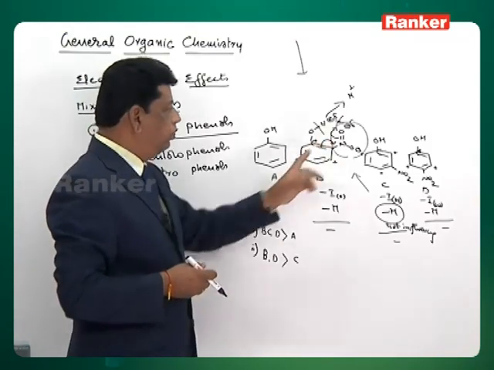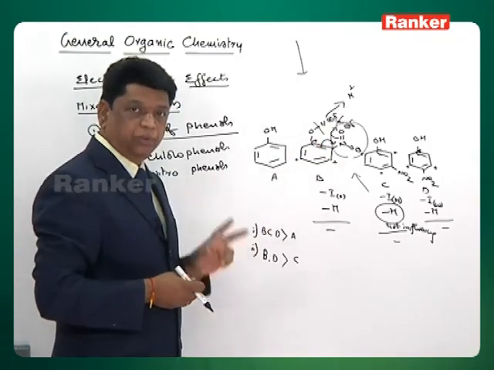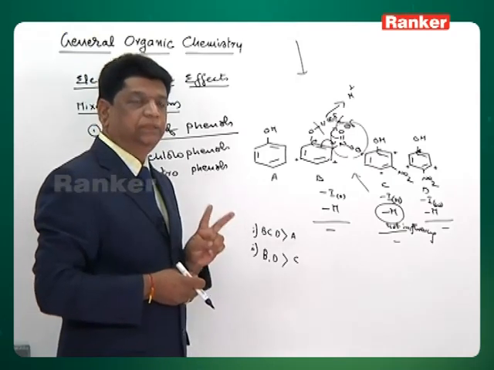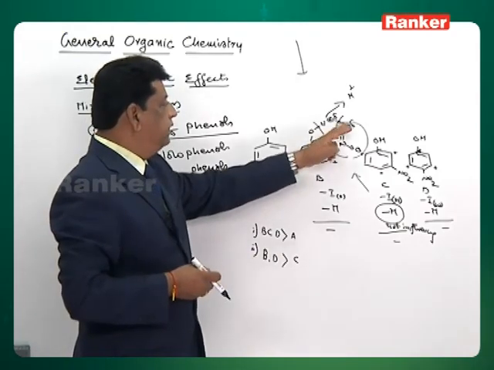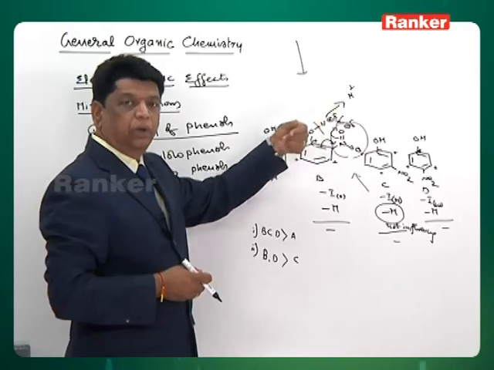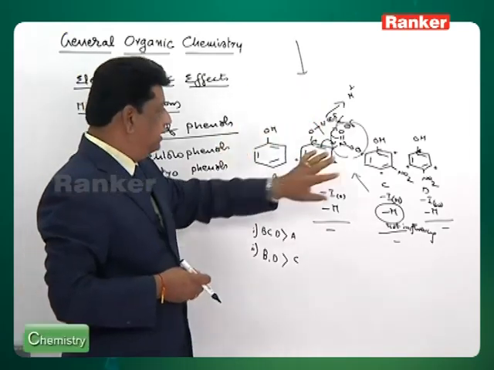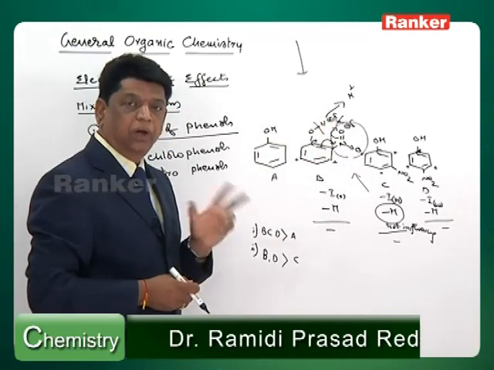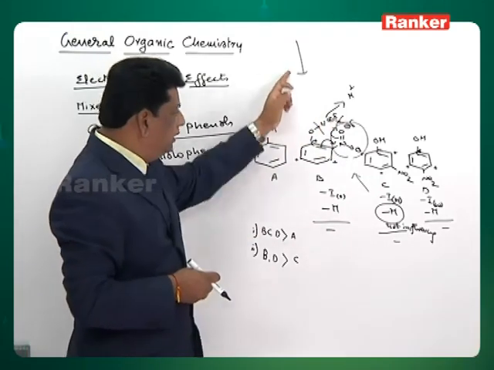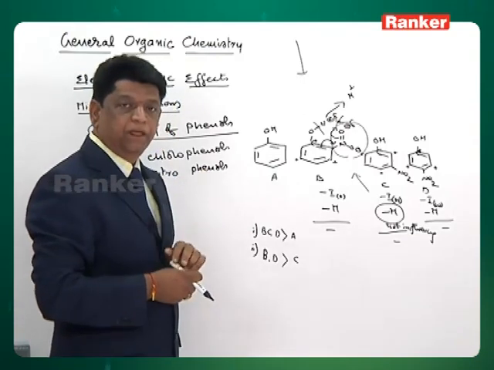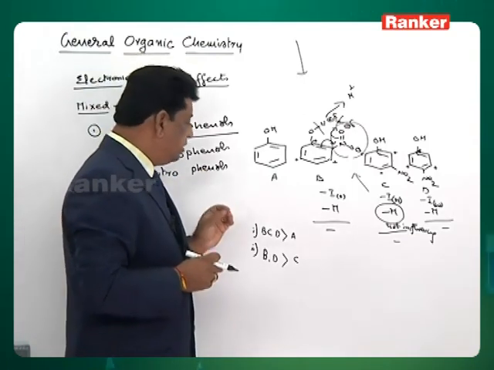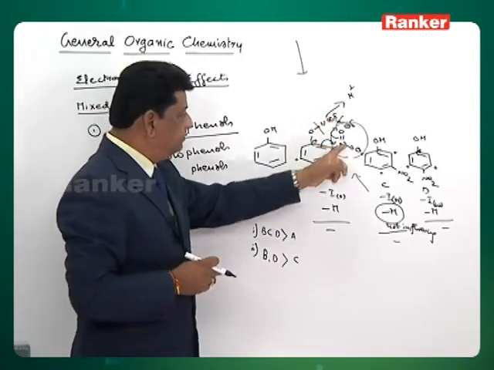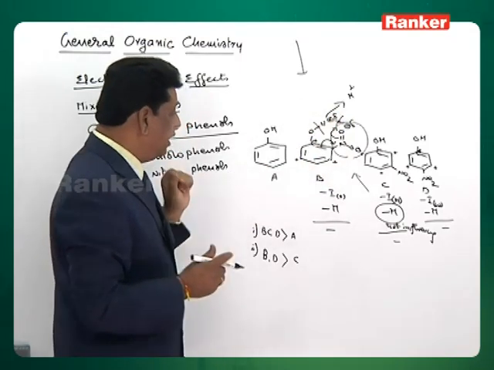So, the nitro group by virtue of the ortho position is doing two things. One is it is making hydrogen bonding and not allowing the proton to go out. The other is it is blocking the base from approaching this proton. So, both these two phenomena, that is, one is intramolecular hydrogen bonding, it is within the molecule, isn't it? Intramolecular hydrogen bonding.